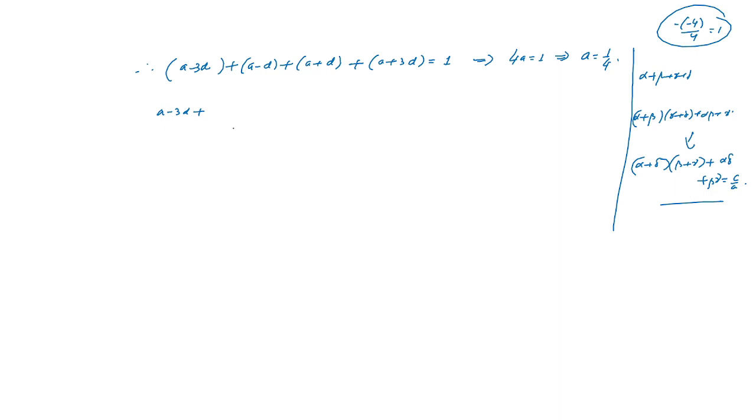We apply this way: a minus 3d, a plus 3d, because we try to cancel all d's, and a minus d plus a plus d, plus alpha delta, that means a minus 3d into a plus 3d, and beta gamma, that means a minus d into a plus d. This equals c by a.